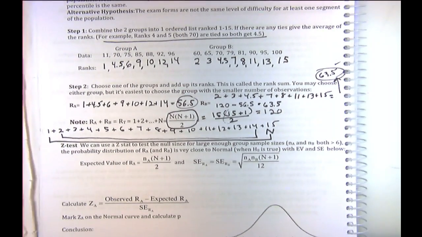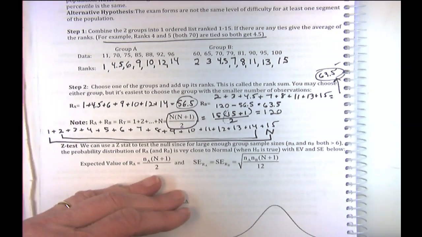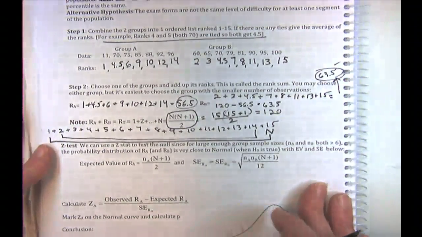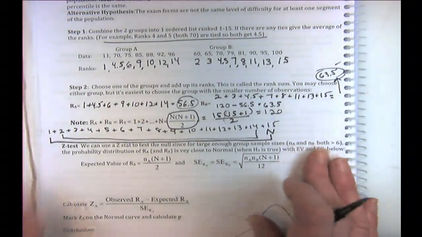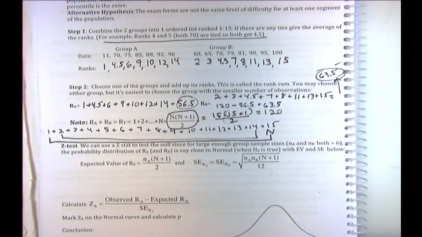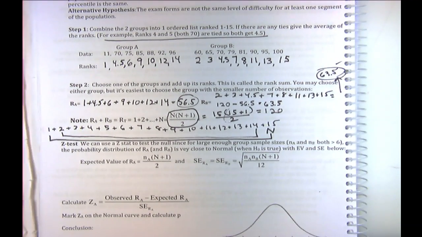So that's why this is so handy: we can figure out the exact probability distribution with small samples, but as soon as both are bigger than 6, you can just use the normal approximation. At least for the purposes of this course, once it's 7 or more in each sample, you can use the normal approximation. So why don't we do that?